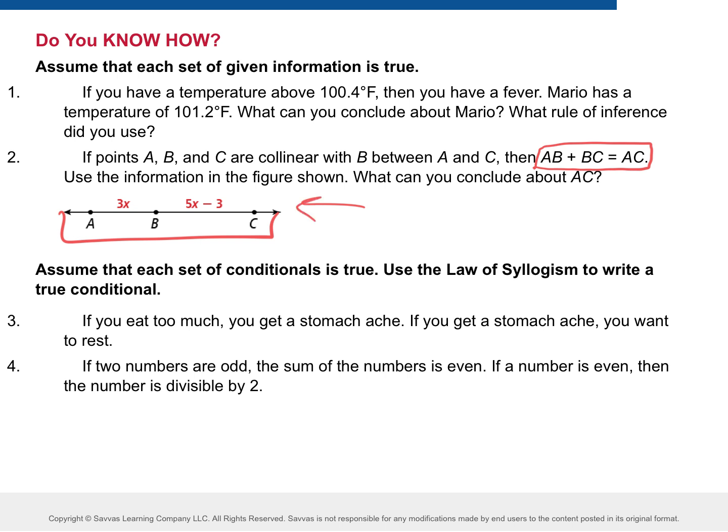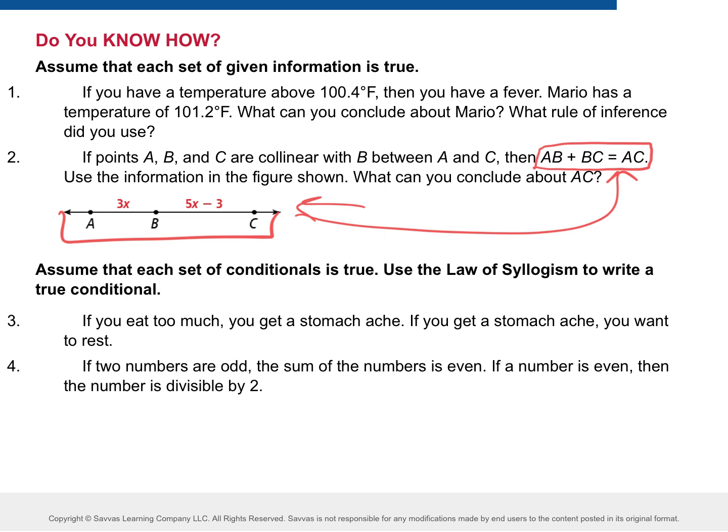Apply it to this picture. Yep, 3x plus 5x minus 3 equals AC. So we just plugged in values to the then statement. Okay, so if you're struggling with how to use law of detachment, you're going to look at that then statement. Okay.